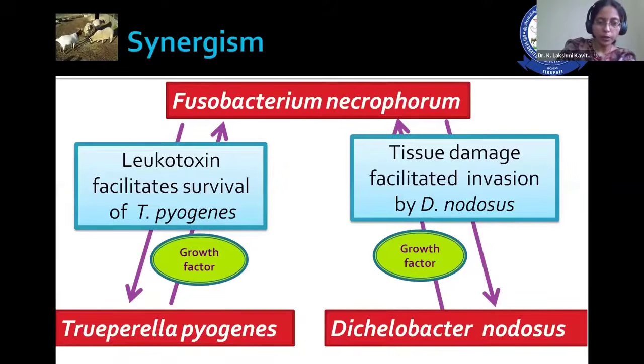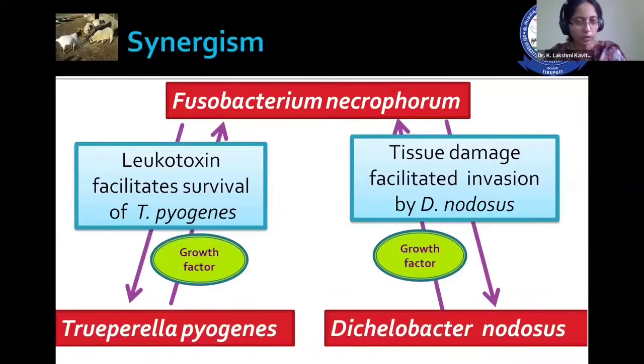It produces growth factors which favor the multiplication of Fusobacterium necrophorum. Similarly, Fusobacterium necrophorum causes tissue damage which facilitates the action of Dichelobacter nodosus, whereas Dichelobacter nodosus produces growth factors for the multiplication of Fusobacterium necrophorum.